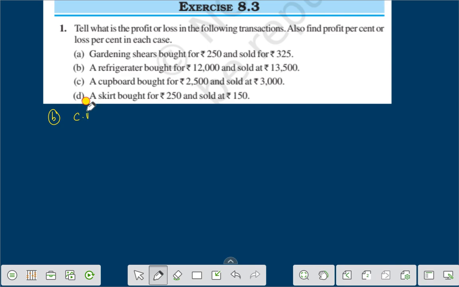The cost price is equal to rupees 12,000. And selling price is equal to rupees 13,500.